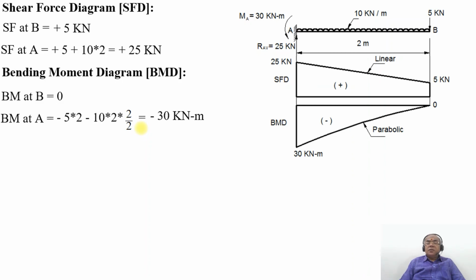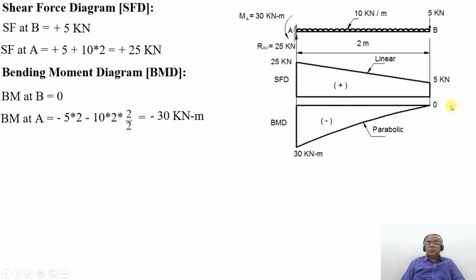When you plot this, you can see the bending moment at the point B will be equal to 0, and the bending moment at the point A is minus 30 kilonewton meter. So join these two by means of a smooth curve, which will be a parabolic curve, because the power of X, when you have the uniformly distributed load from A to B, will always be W into X by 2.